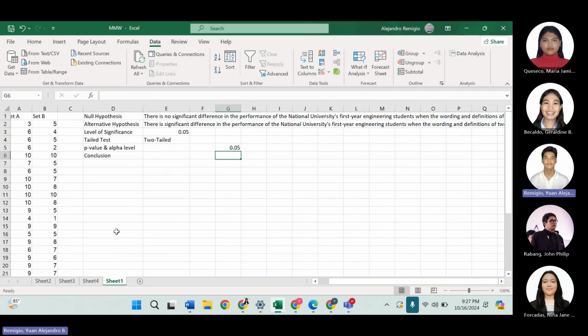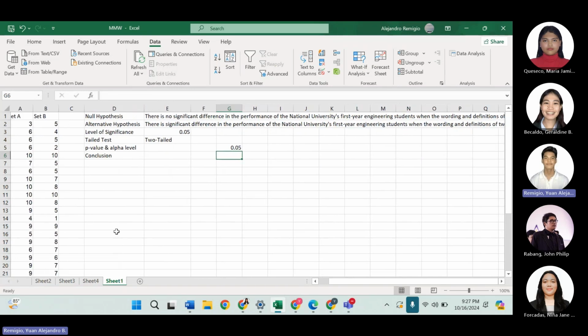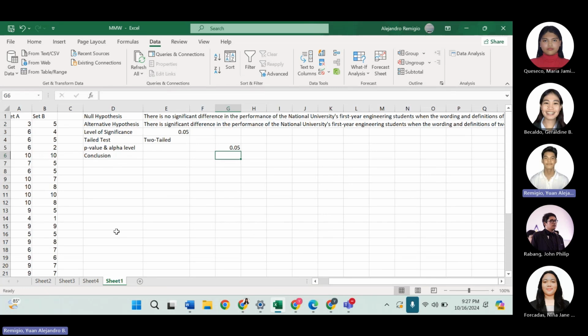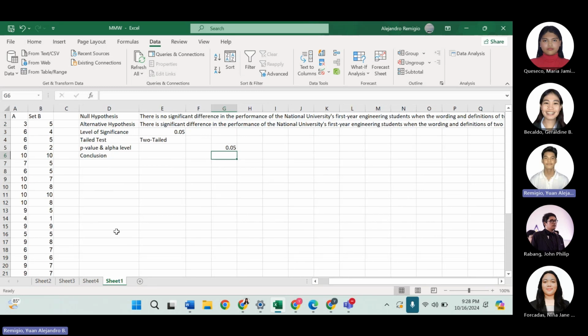And the tailed test we use is the two-tailed test that allows us to check if changing the wording of the quizzes affects student scores in either direction, whether it leads to better or lower performance. And the level of significance that we use is 0.05 significance level. It means we are confident in our results.